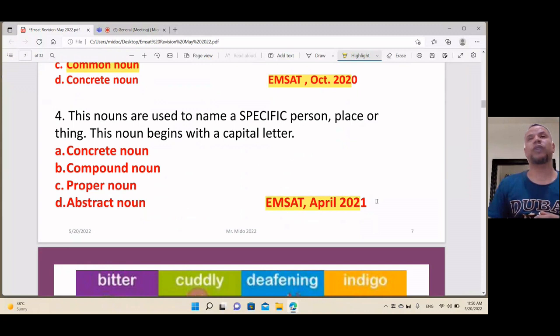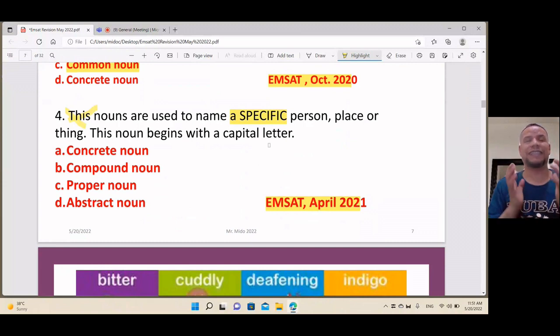Okay, number 4, EmSAT April 2021. These nouns are used to name a specific person, place, or thing. This noun begins with a capital letter, always specific. Ali, so capital A. Sarah, capital S. Al Ain city, capital A, so capitalized.